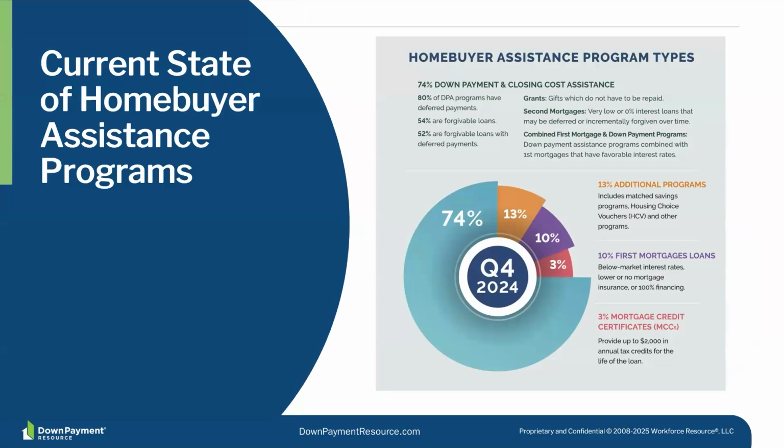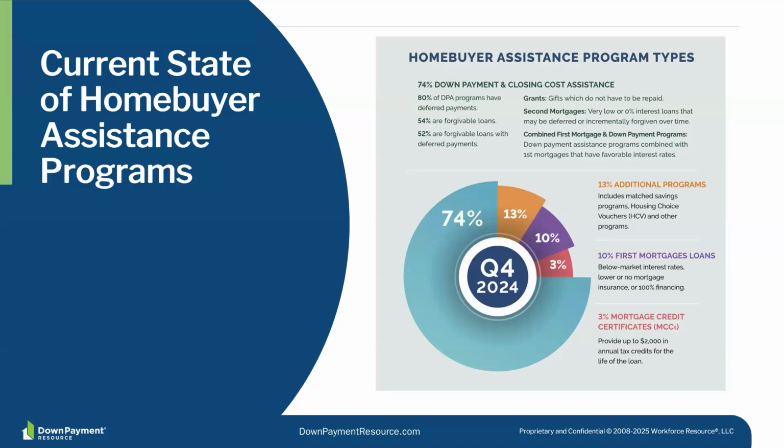We're going to dig in deeper in a few minutes, but it is important to know that not all DPAs are the same. So, for example, 80% of them have deferred payments, which means you don't have a monthly payment on the DPA loan for some period of time. 54% of them are forgivable, either in part or in full, which essentially makes them become a grant over time.